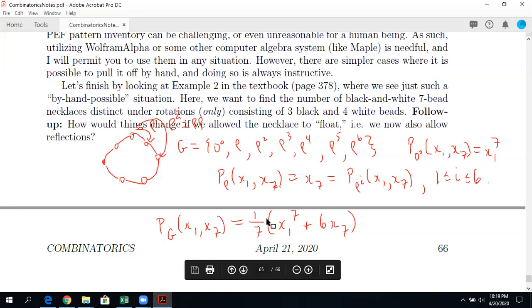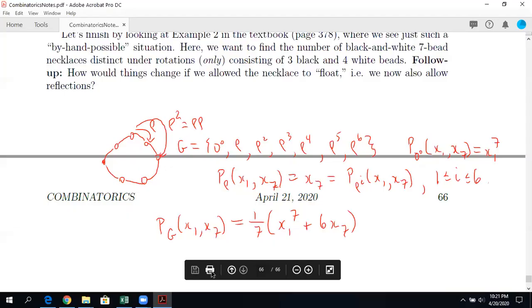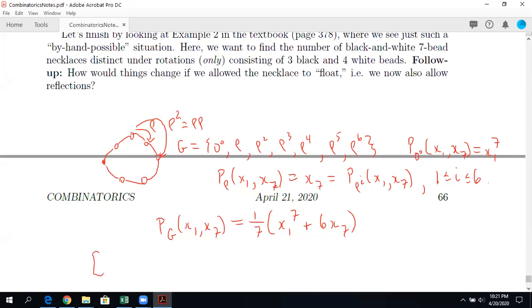Now we're going to use this to actually get what we want here. So what's going to happen with this? Well, I wanted the number of 3 black and 4 white bead situations.